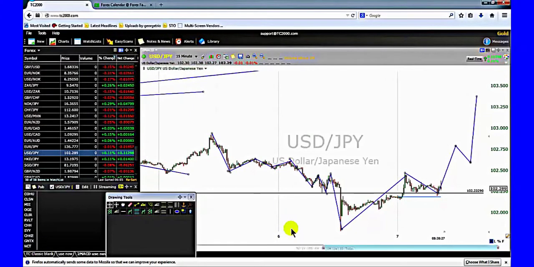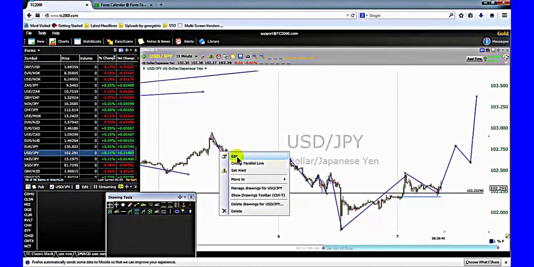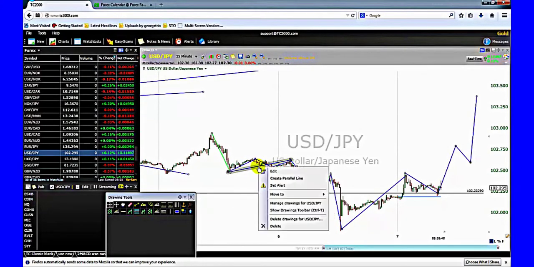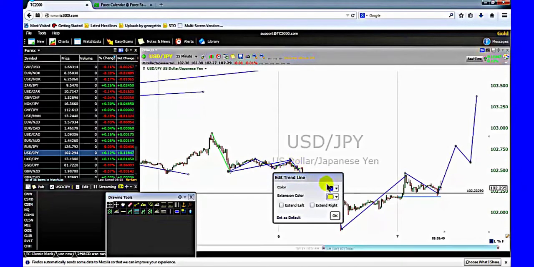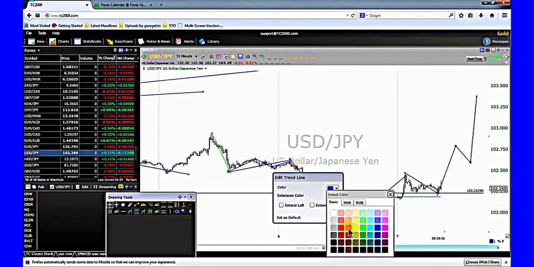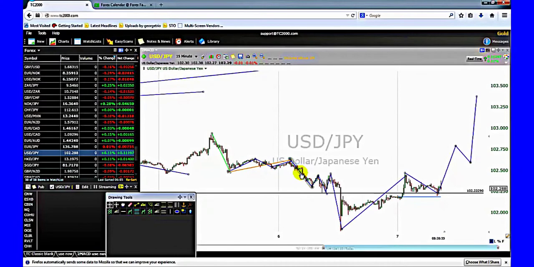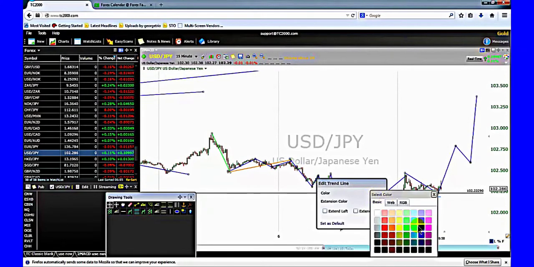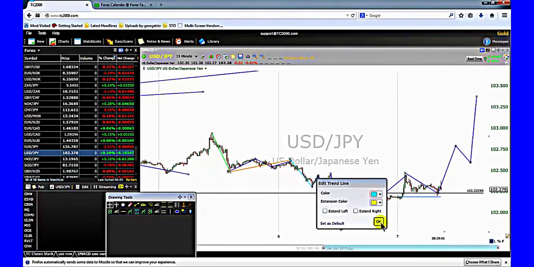So this is one move down. In fact, this is the second move. I prefer to use moves here instead of talking about waves. The first price action is the green one. The second price action is the orange line. The third price action, we'll use the turquoise for it.